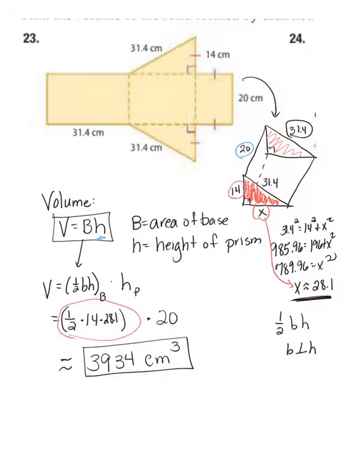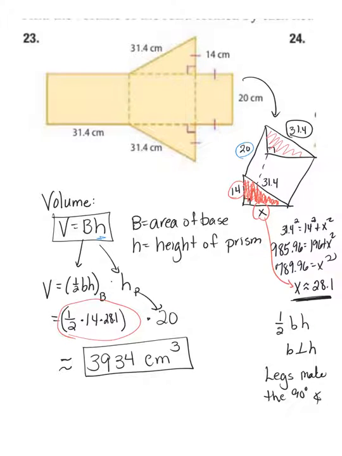So with a right triangle, we can always use the legs that construct the 90-degree angle. Okay, so I'm going to use 1/2 my 14 times my 28.1, and then I'm going to multiply that by the height of the entire prism, which was given to be 20.